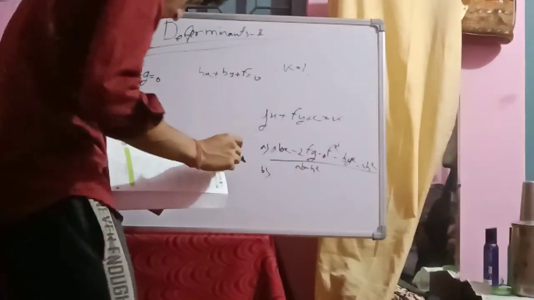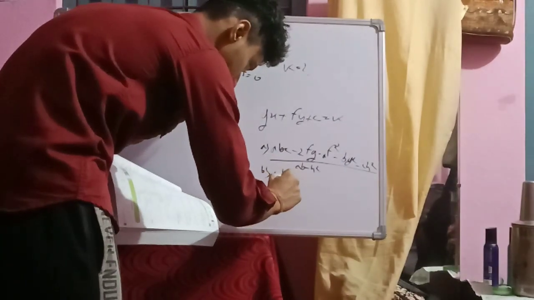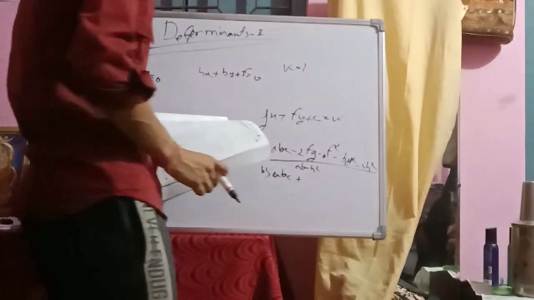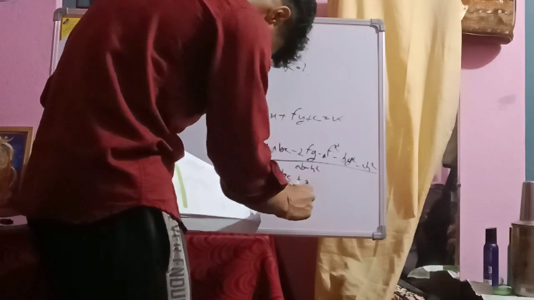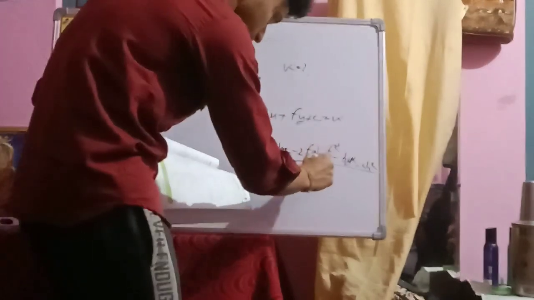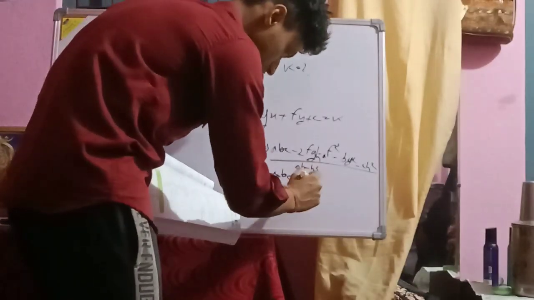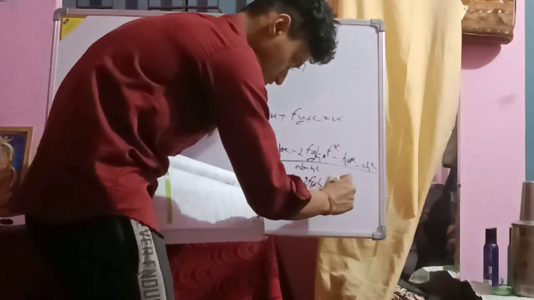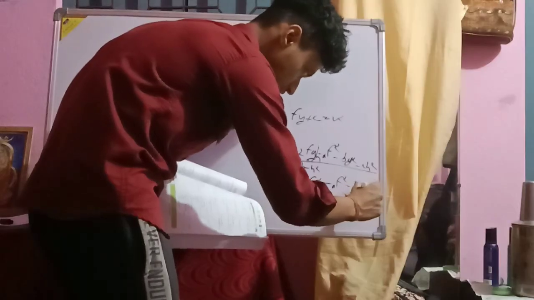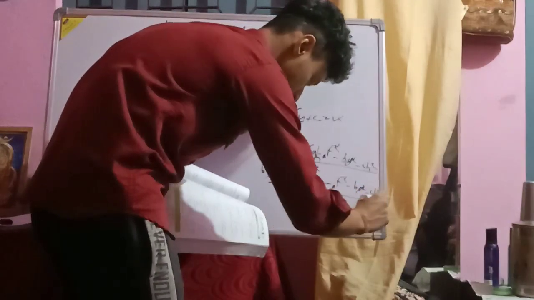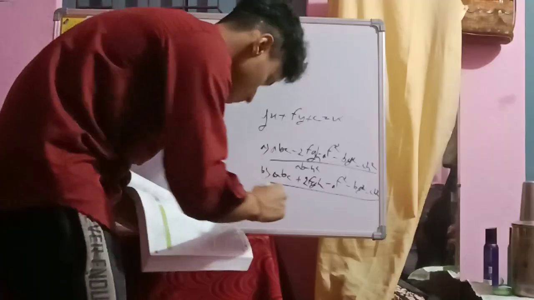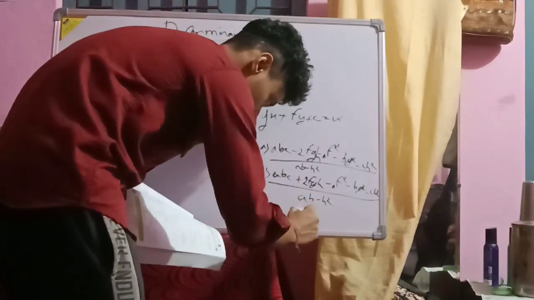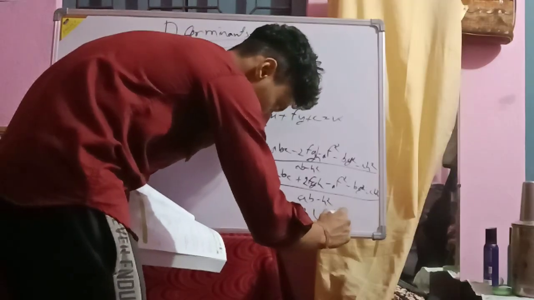Option B is everything the same except this minus and over there, this is a plus. Option C says 0, or option D says none of the above.